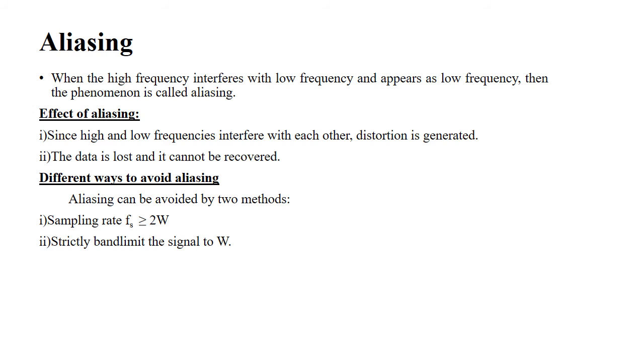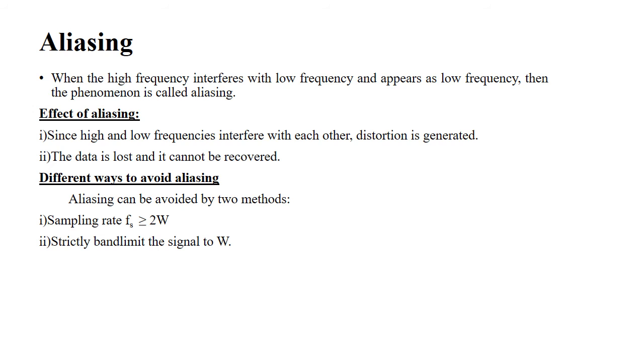There are two ways to avoid aliasing. What are the methods? First, we have to use the sampling rate fs greater than or equal to 2W. Then we have to strictly band limit the signal to W. So first, sampling rate fs is greater than or equal to 2W.